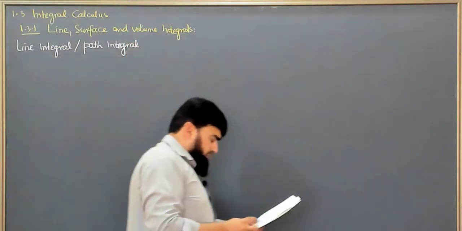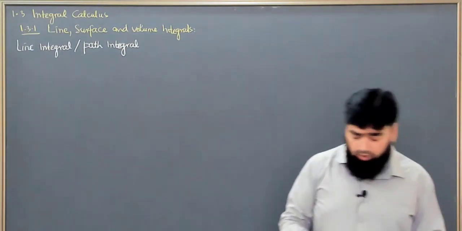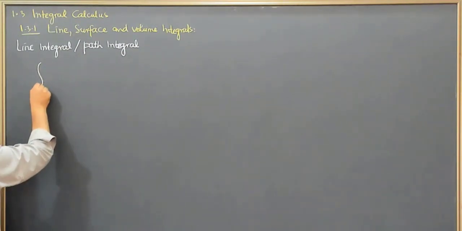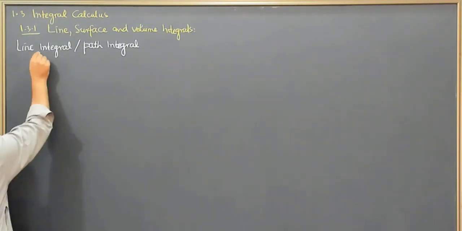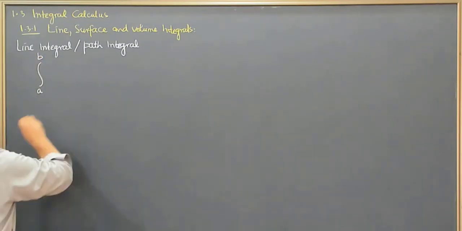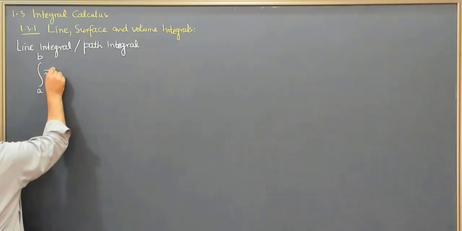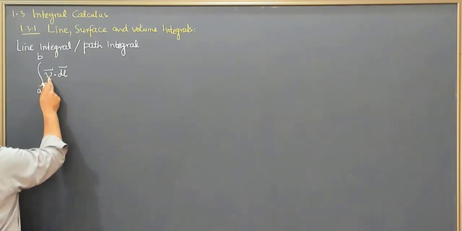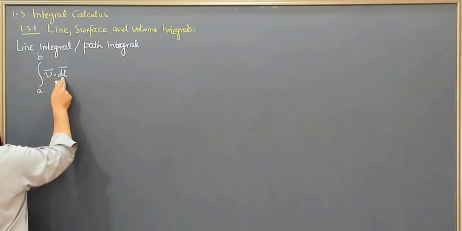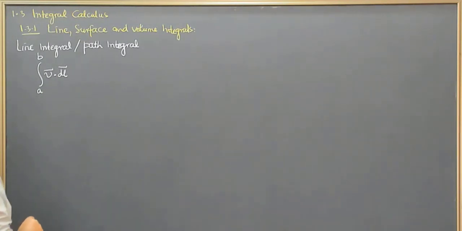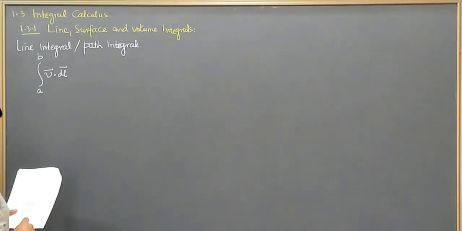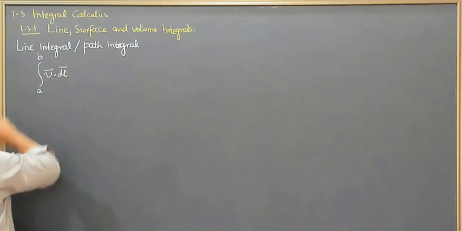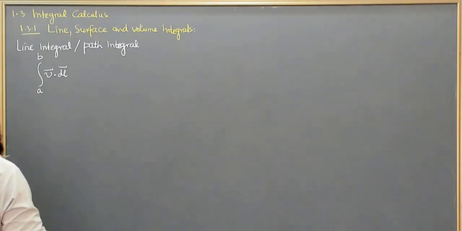In a path integral, we write an integral from a starting point to an ending point, of a vector quantity v or a physical quantity, dot dl. As we are calculating it along the length element, we use the dot product, the projection of this vector along the line element, or the line element along this physical quantity or vector.